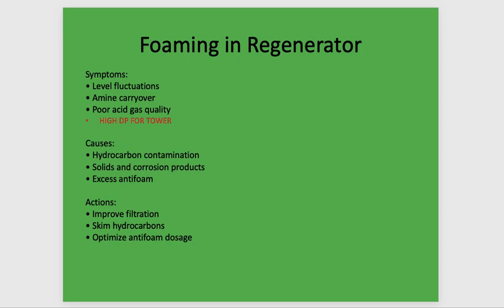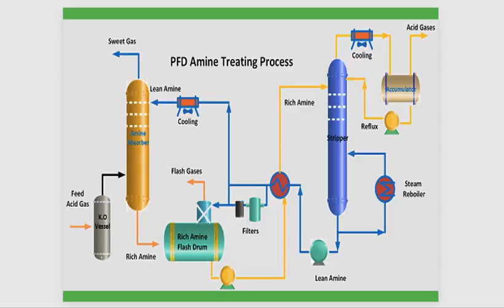One of the most famous problems in the amine regeneration unit is foaming in the regenerator. Here you see level fluctuation, amine carryover with the gas, poor acid gas quality, and high delta P through the tower. This tower works with a delta P indicator that gives you an indication and action on the steam going to this reboiler.